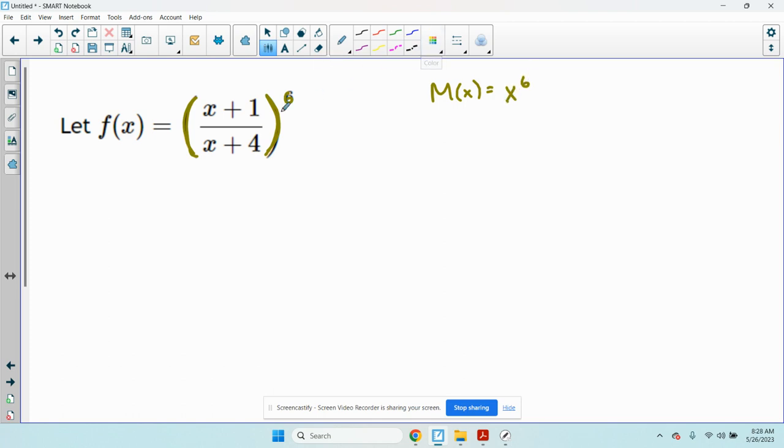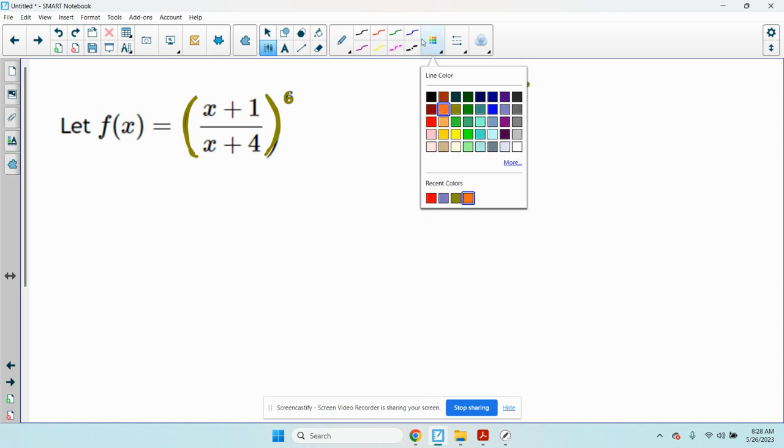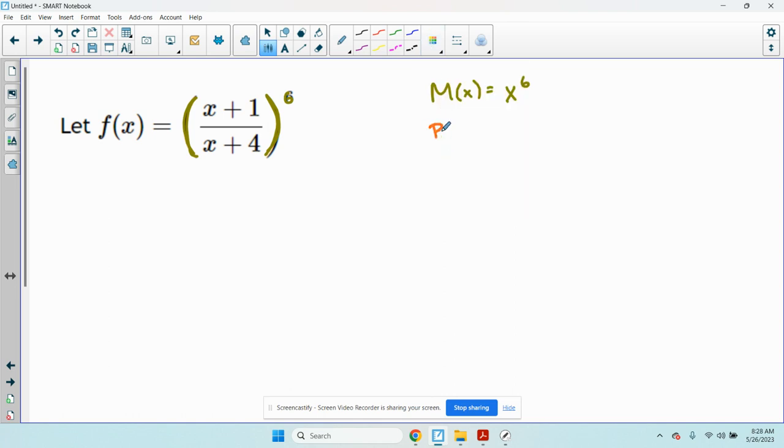The inner function is the thing inside it. We'll call that b of x. This is x plus 1 over x plus 4. So if I were to take the composition m of b of x, hopefully you see that I would get x to the sixth, and inside is x plus 1 over x plus 4.